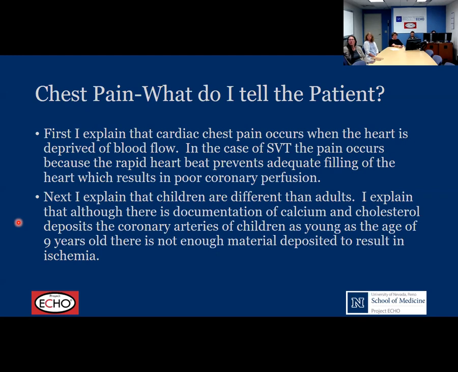And so we talk about that, and we talk about the other causes, and I really spend a lot of time reassuring. In my office, I usually do an echocardiogram, and part of the reason is that the patient's been referred to me, and I feel like that's what the referring doctor partially wants, but I certainly think that no echocardiogram needs to be done.